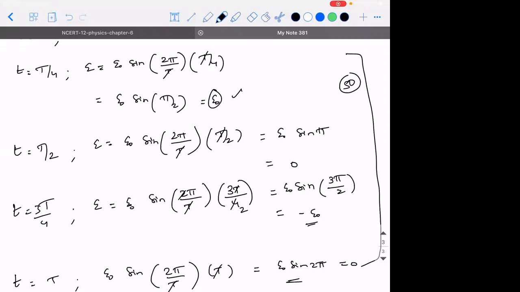Had the frequency been 3 hertz, when you switch it on, the bulb would initially be completely dull, then it will become maximum, then again dull, again maximum, again dull, and it would completely irritate us. Now you are able to see the bulb glowing with a constant intensity. That is happening only because of the frequency with which the alternating voltage is getting generated. It has a frequency of 50 hertz.